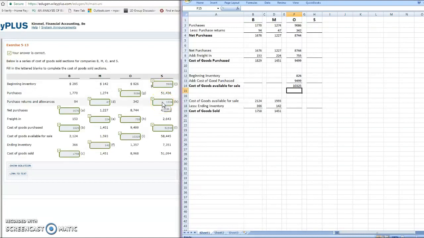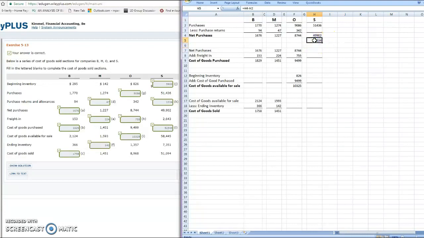So purchase returns and allowances is what we're trying to figure out. So we will start with our purchases of $51,436, and our net purchase is $49,902. So what we'll do here, we will take our net purchase minus our purchases.